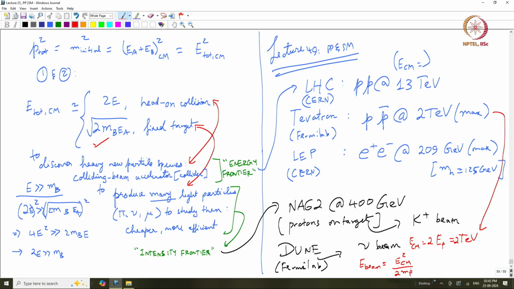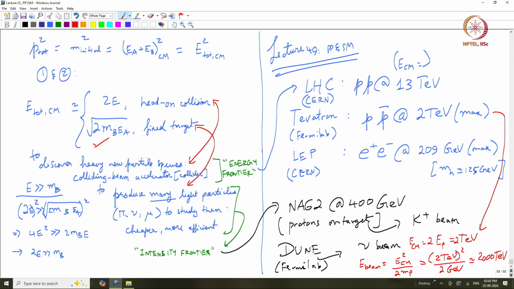The fixed target is also protons most of the time. So that's what I require. If I want 2 TeV, this becomes 2 TeV squared over 2 times the proton mass in GeV, right? And what does that give me? That's basically 2000 TeV.